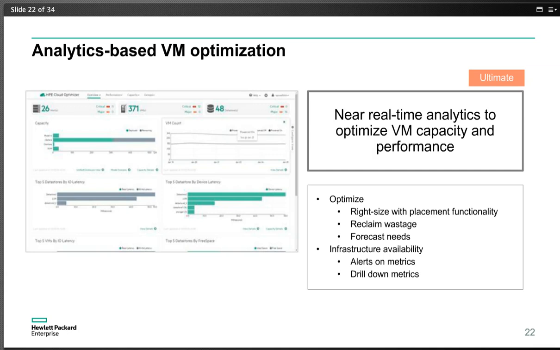Our goal is to leverage that data to bring additional insights beyond the provisioning, patching, and compliance capability to the IT practitioner and the administrator.